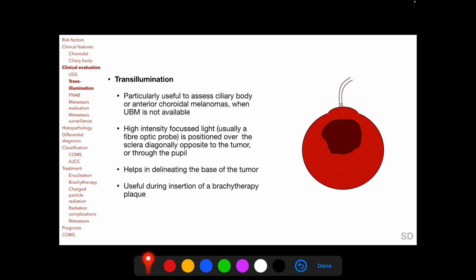However, if there is a pigmented mass present in the eye, that area obstructs the orange-red glow and appears dark in color. This dark area thus corresponds to the basal dimensions of the tumor. Transillumination can also be useful intraoperatively during insertion of a brachytherapy plaque.